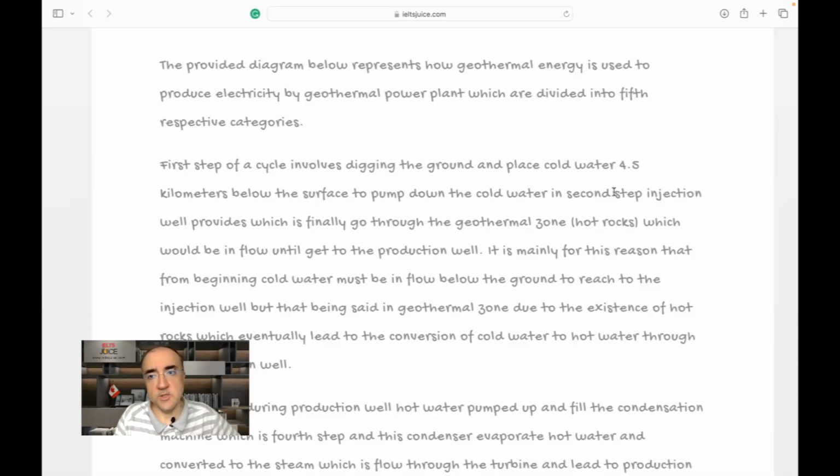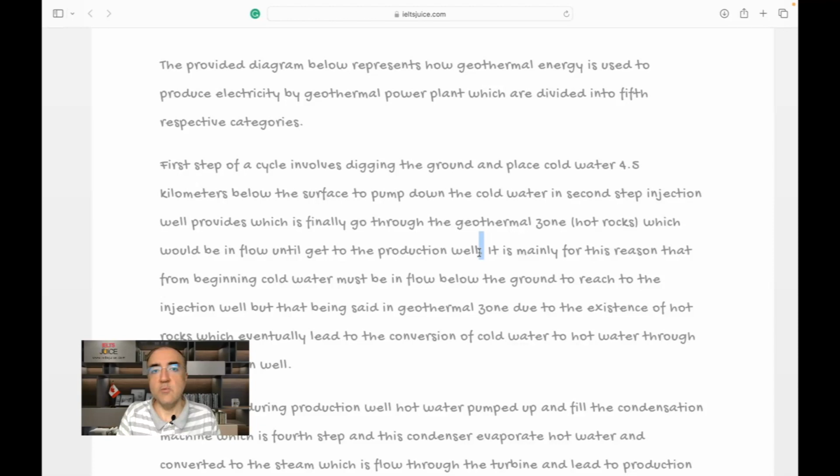In the second step, which is called the injection well, to pump down the cold water, we place the cold water 4.5 kilometers below the surface to pump the cold water into the second injection well, which finally goes through the geothermal zone, hot rocks, which would be in flow until it gets to the production well.